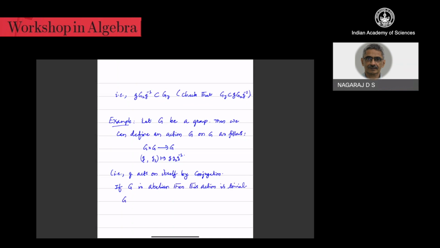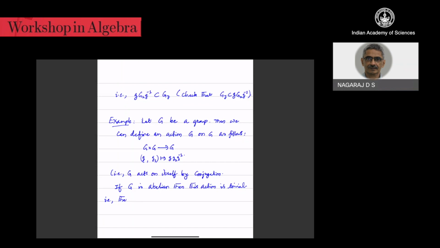I have this action, which means I have an induced homomorphism, the group G acting on itself like this.